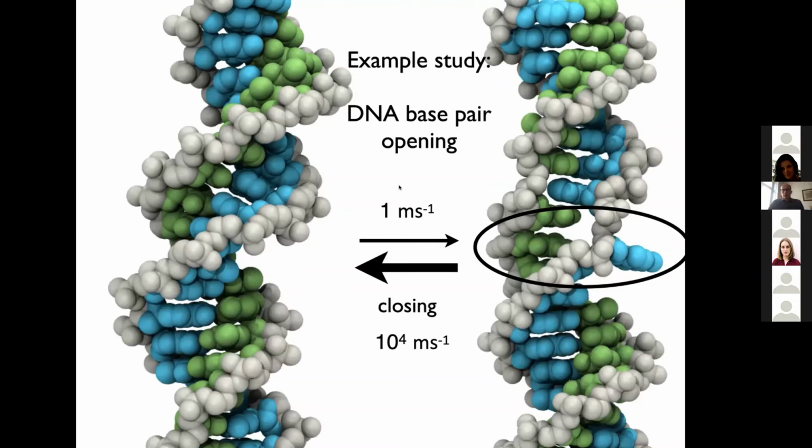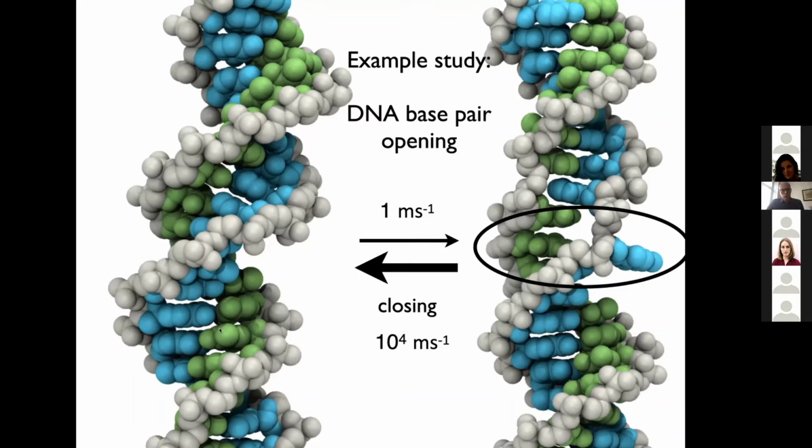So this is about DNA base pair opening. This is a nice case because it's relatively easy to see what happens, but there are also large timescales involved. If you look experimentally, you have a DNA strand which is usually all paired, which biologically is not an interesting state except for storage.